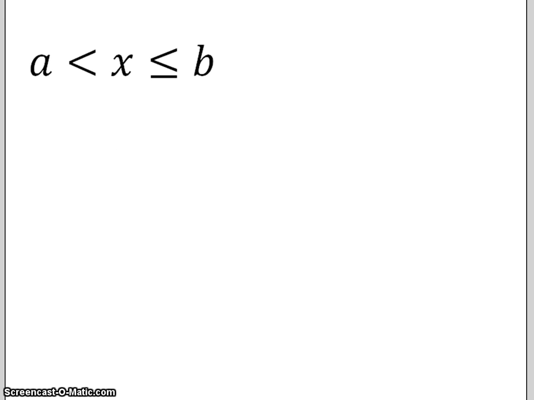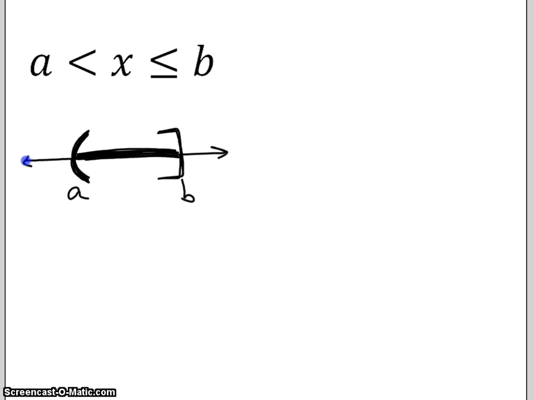Okay, we'll look at another one. On a number line, we'll do the graph first. A to B, but now our interval should not include A, so we put a parenthesis there. A parenthesis is like an open circle, if you've done that before. Then we put a bracket at B because we want B included, and we shade everything in between. So x can be anything in between.